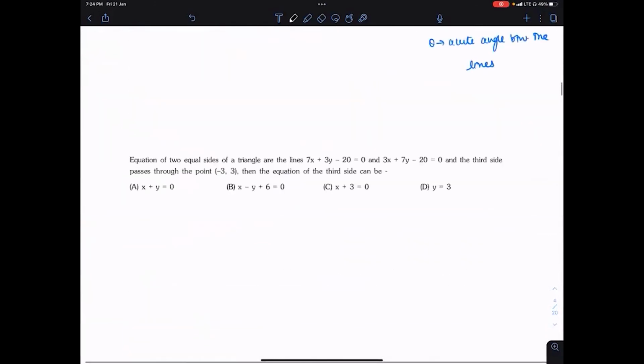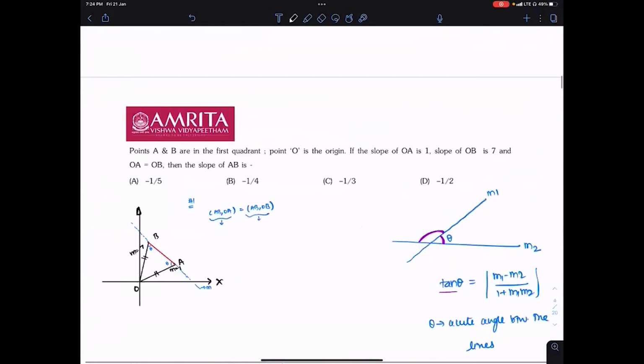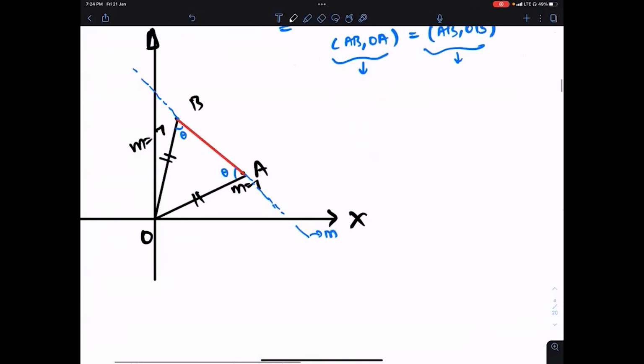Now you see, this will look very familiar. We are saying this is the isosceles triangle, correct? Now, in an isosceles triangle, what did we discuss?